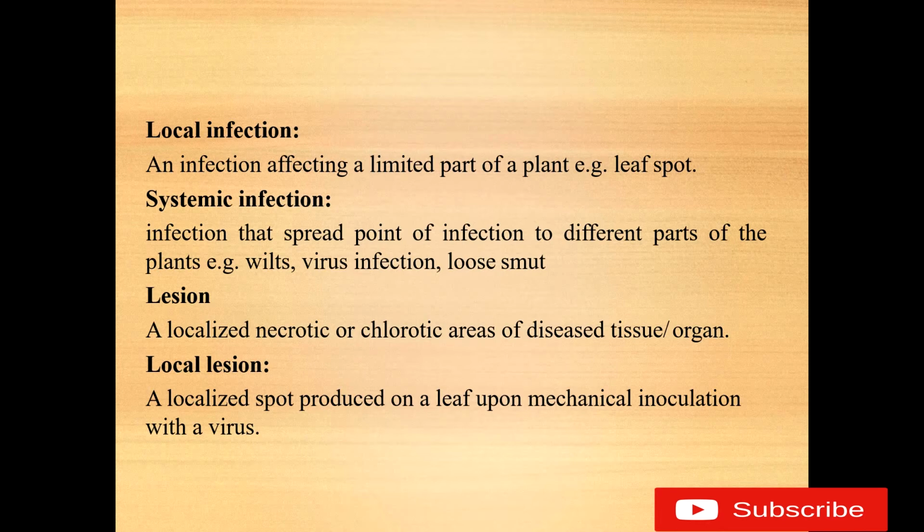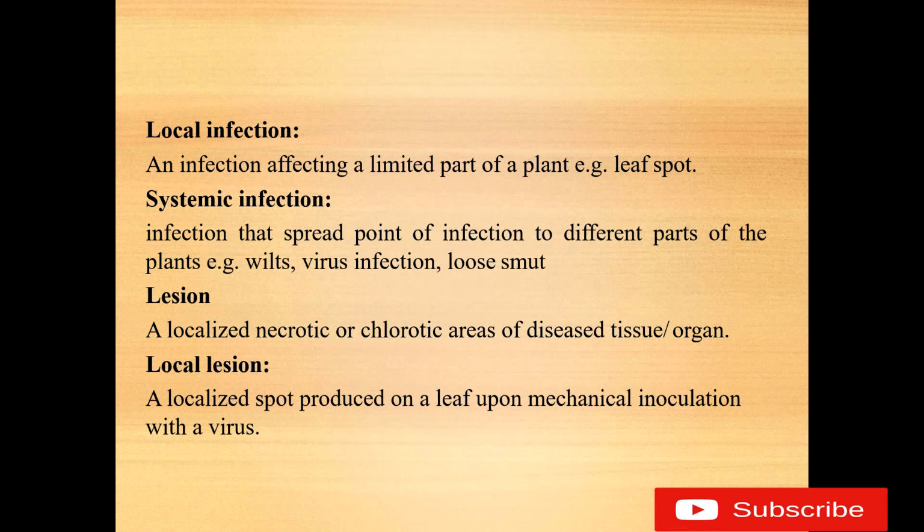The other one is systemic infection, which affects different parts of plants, such as wilt, virus infection, or loose smut. In all these cases the infection spreads out to different parts of the plant, whereas leaf spot is limited to the leaf only. That is the local and systemic infection.